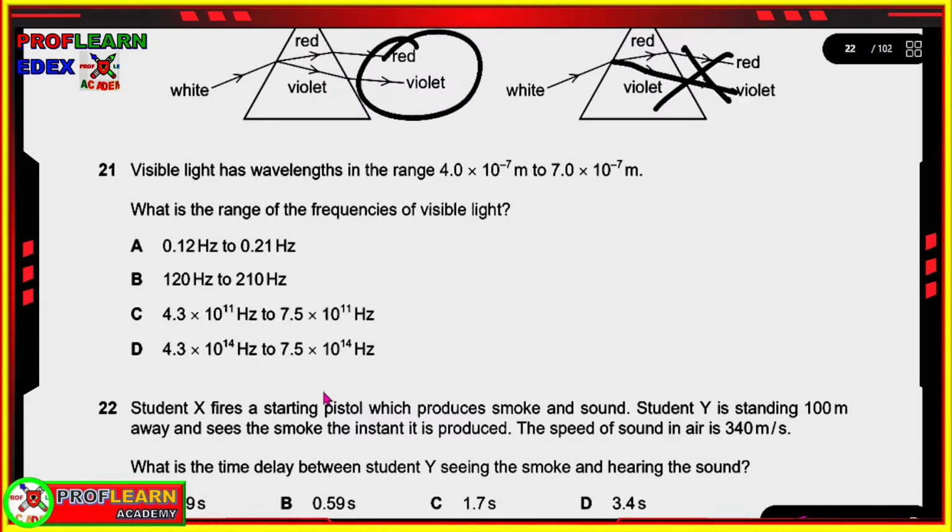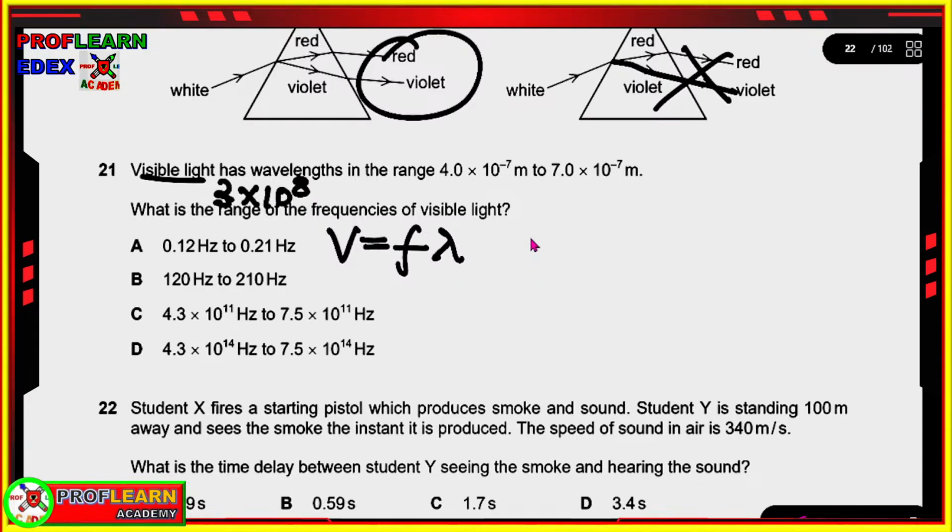Question number 21. The visible light has a wavelength of 4.0 times 10 raised to the power negative 7 meters. What is the range of the frequencies? So we know that frequency times wavelength is equal to the speed of a wave, and since this is visible light, it travels at 3 times 10 raised to the power 8.